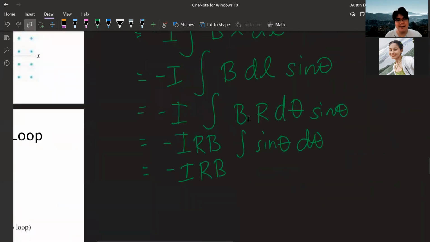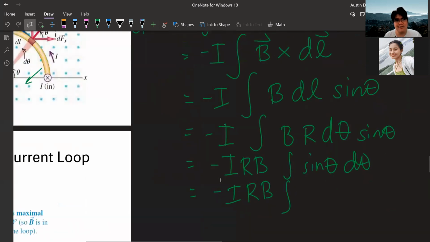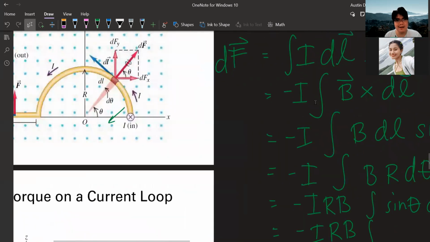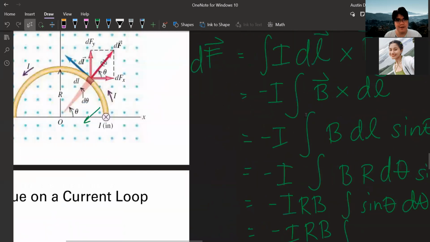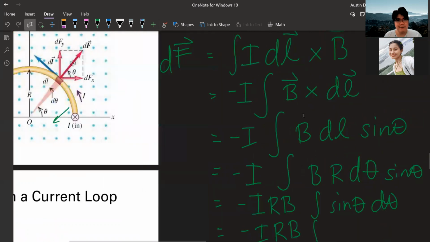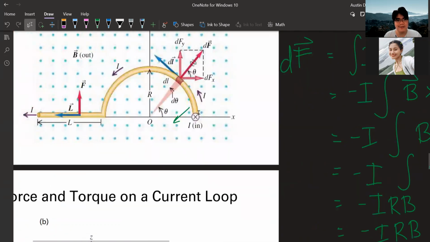So, babalik ta rin pala natin yung integral dahil dun sa pagpalit natin dito. Okay. Yung implication ng pagbaliktad mo, babaliktarin mo yung direction ng current mo.